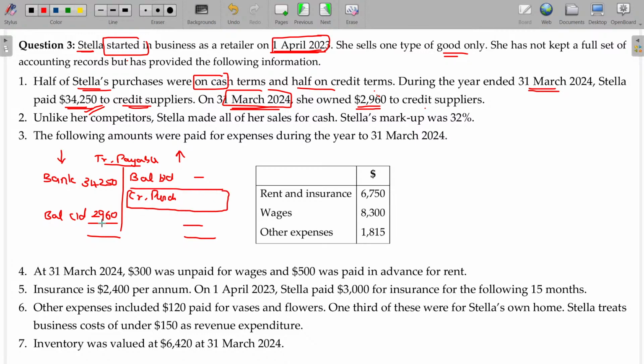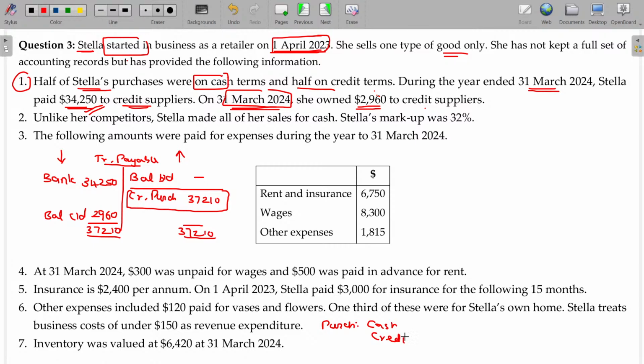Missing data like this you can calculate. The total of the debit side being 37,210, and here 37,210, and credit purchase being the same value, 37,210. Now, from point number 1, half of the purchases were on cash. So purchases include cash purchase as well as credit purchase.